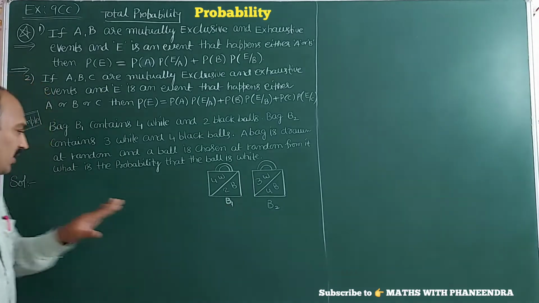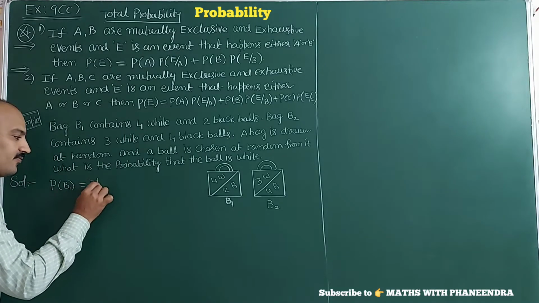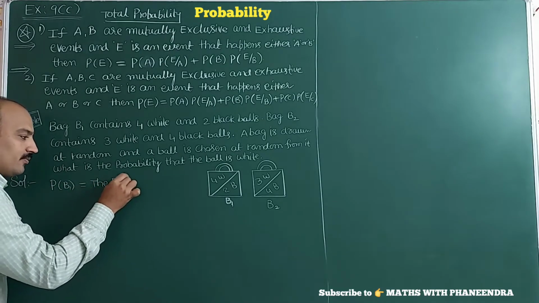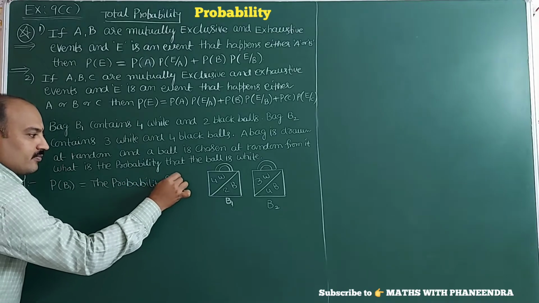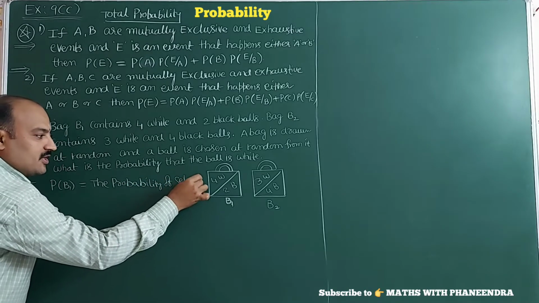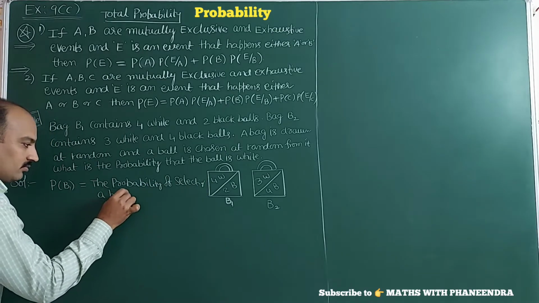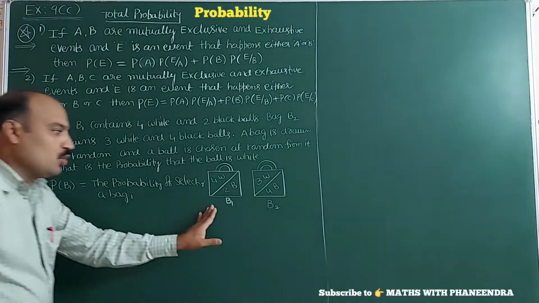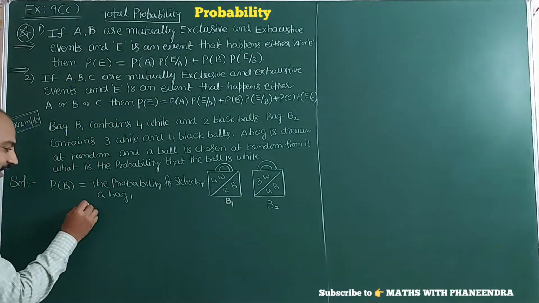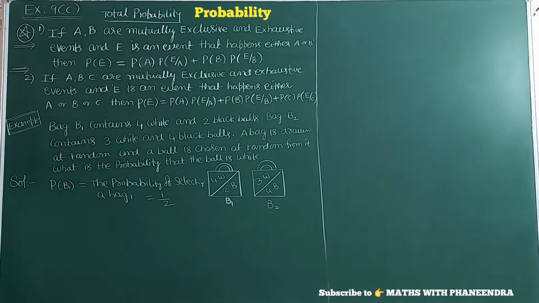Suppose P of B1 is equal to the probability of selecting the first bag, bag 1. So total two bags are there, one bag we can select. It can be done in 1 by 2 ways.